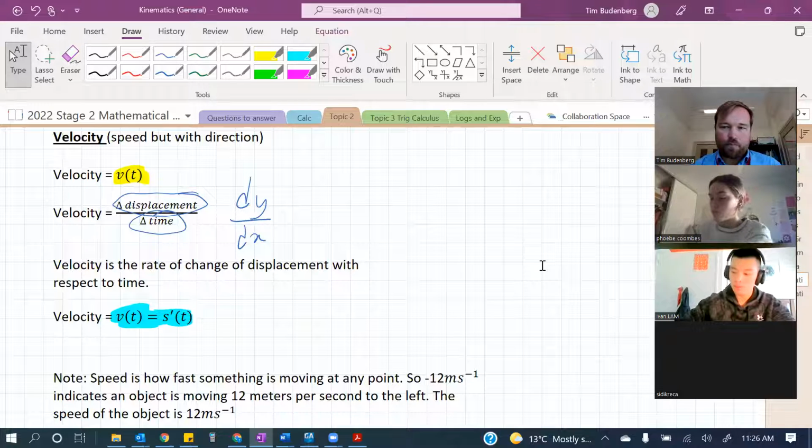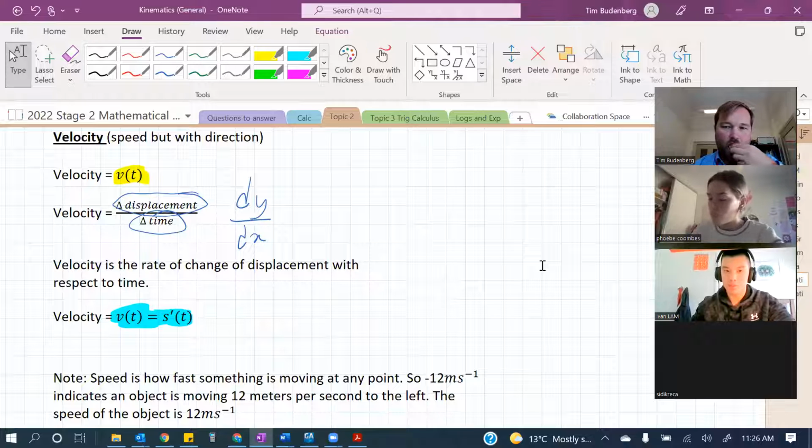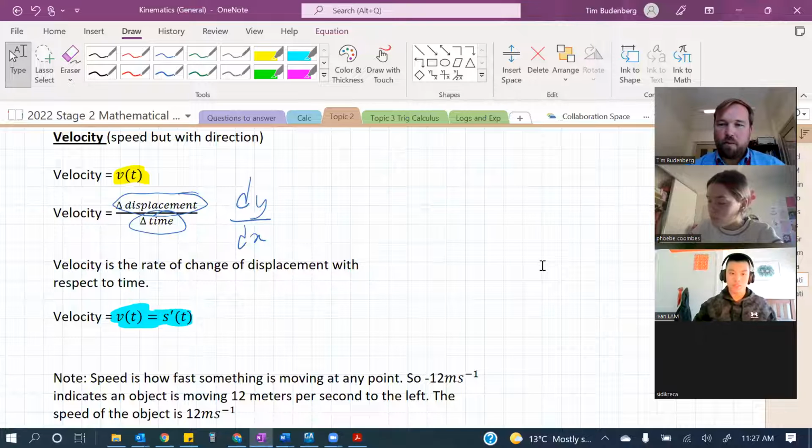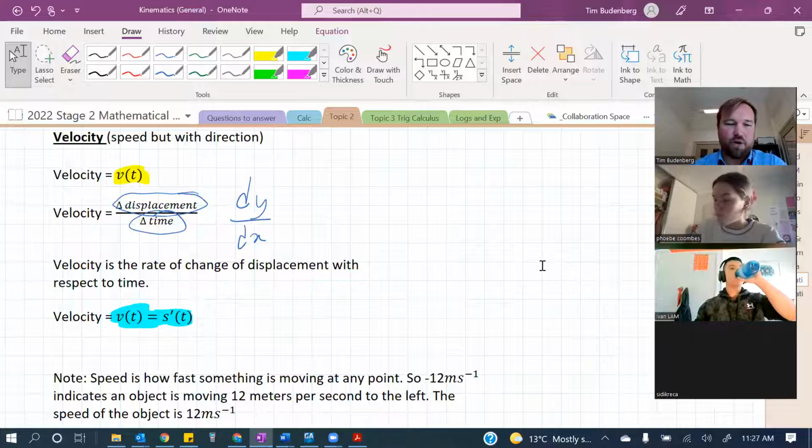We don't have to remember to describe what velocity is, right? Wait, for physics? No, I mean in math. No, for maths, you just need to know that velocity is the first derivative of the displacement function.